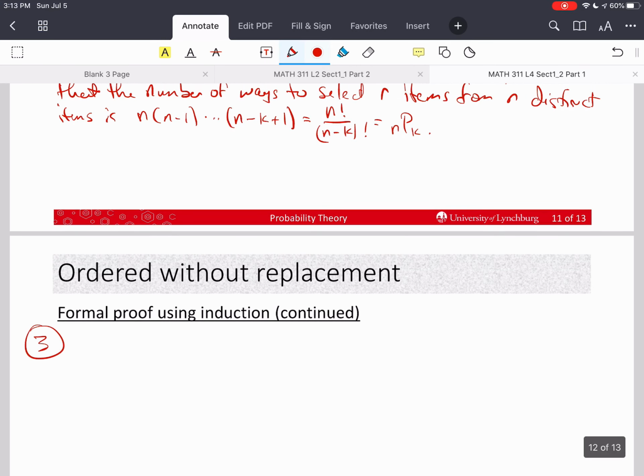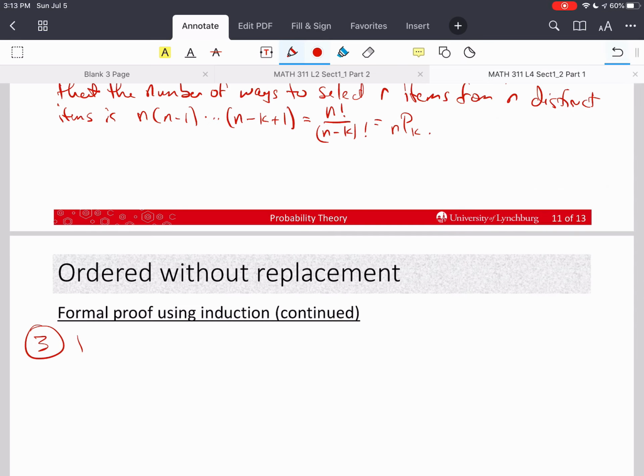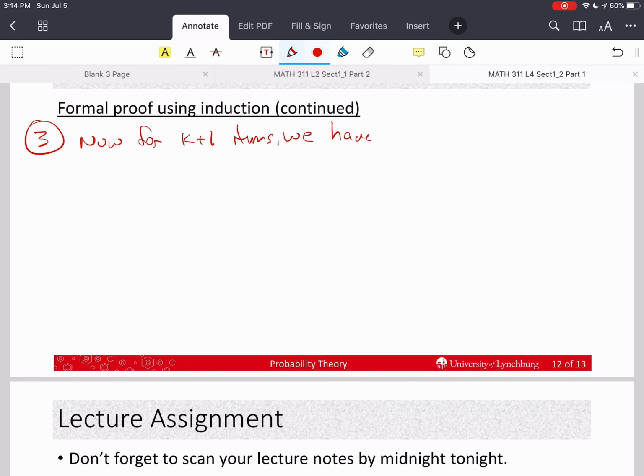3. For the induction step, I don't need you to write that, but for the induction step, now for k plus 1 items, we have n times n minus 1 all the way down to n minus k plus 1.